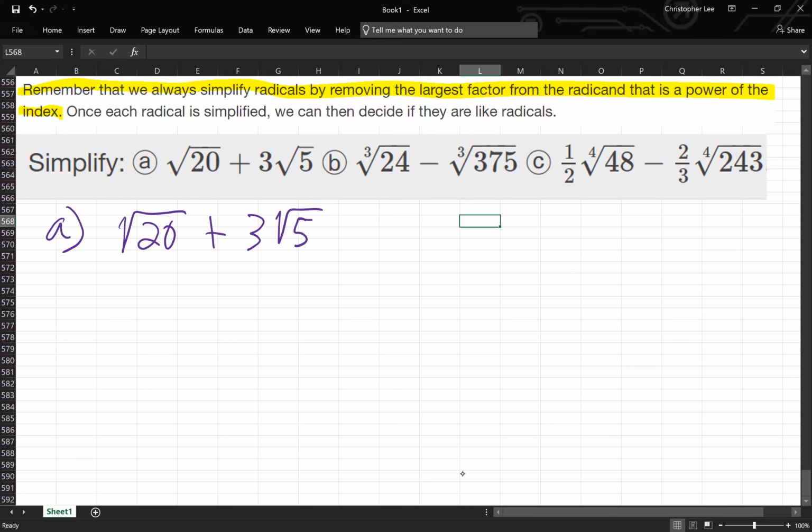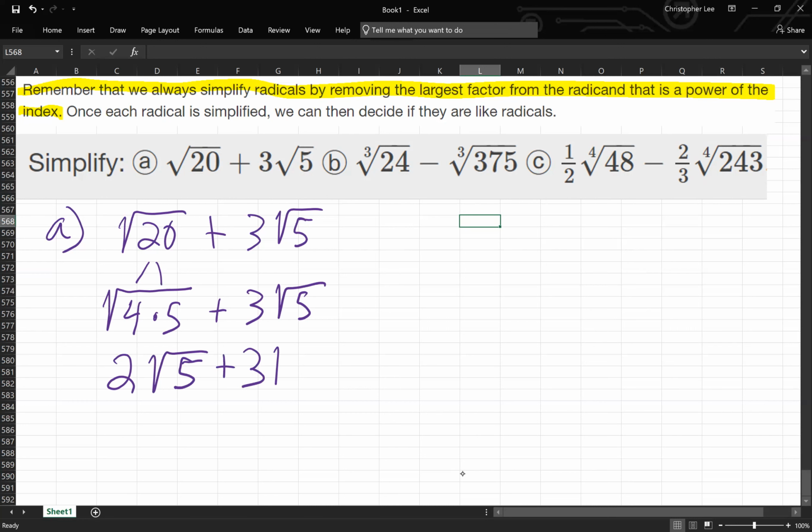I can simplify the square root of 20, and that simplifies down into square root of 4 times 5, plus the same 3 square root 5. The square root of 4 is 2, so this is 2 square root 5 plus 3 square root 5. Then 2 plus 3 is 5, so the final answer is 5 square root 5.